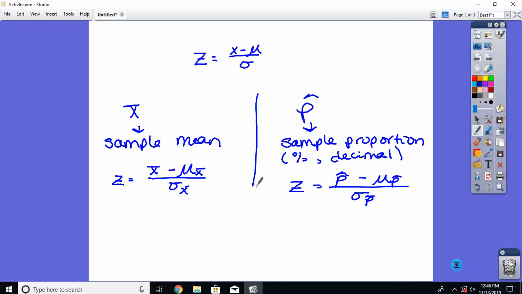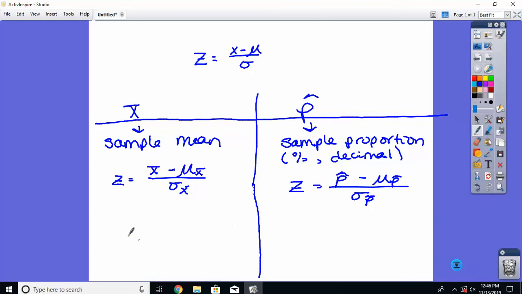In talking about the x bars and the p hats, we also have a couple criteria. These are not on your formula sheet, so you have to know it. For x bar, you need either the original data to be normal, or what has to be true?